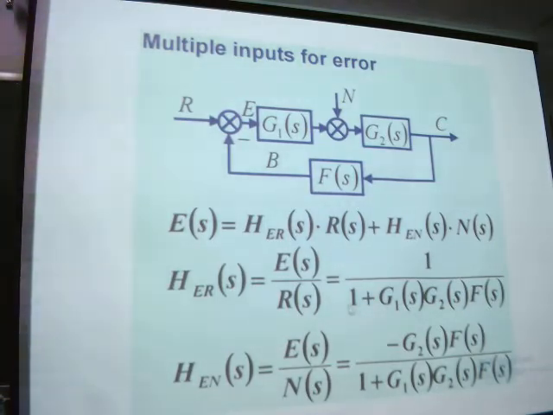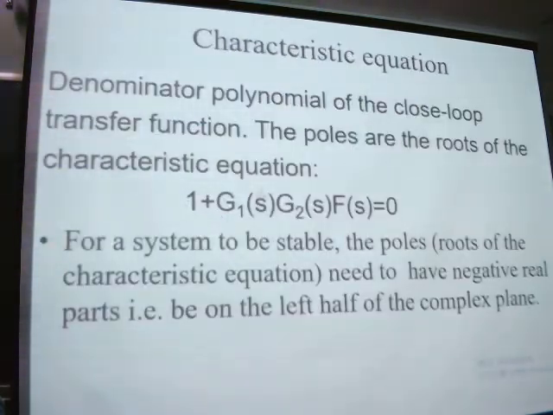We can see here this transfer function 1 plus G1 G2 F, so the characteristic equation equals this. For the closed loop transfer function of the complete system, the characteristic equation is 1 plus or minus G(s)H(s) equals 0. Now this is the characteristic equation.